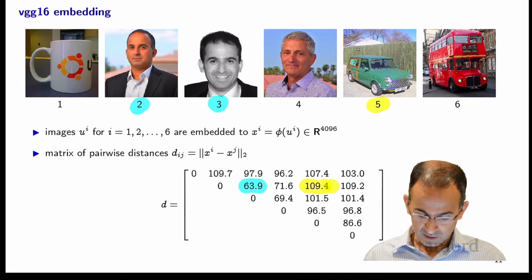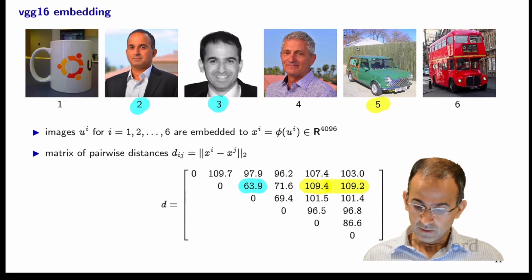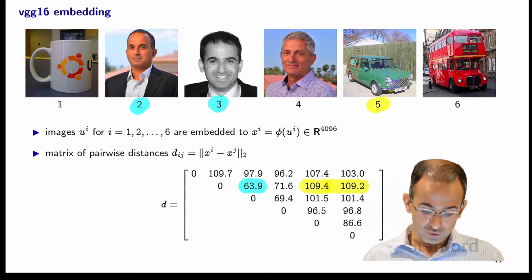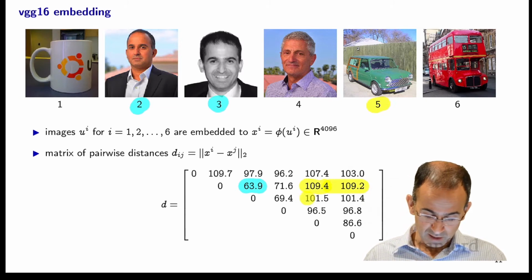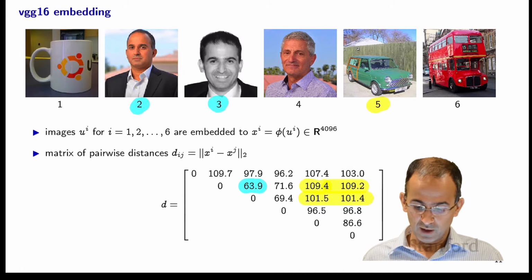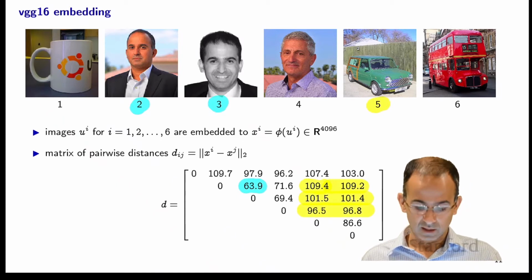And same for the distance between an image of me and the image of the bus. Those are also quite far apart. And the same is true for the other images of me. Image 3 to image 5 and image 3 to image 6 are also quite far apart. And if we compare Stephen to the bus and the car, he's also quite distinct from a bus and a car.